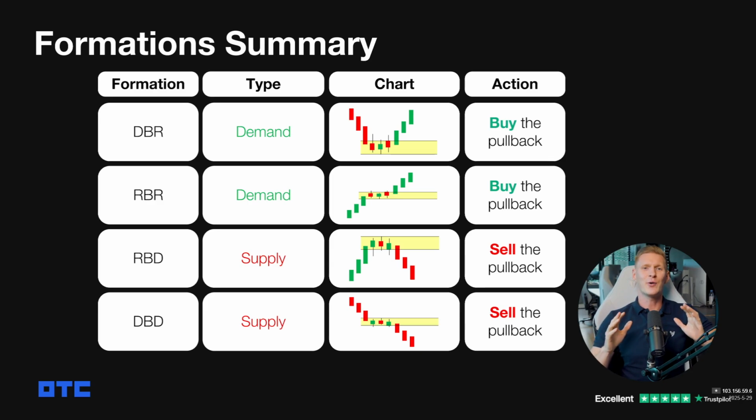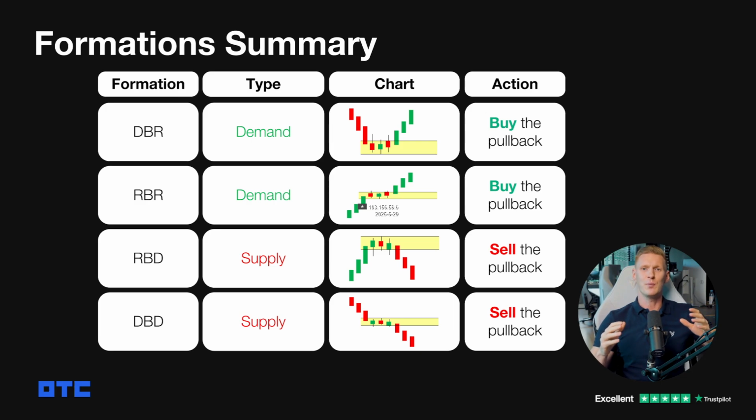To wrap up this lesson, let's quickly review what we have learned. You now understand how supply and demand imbalances move price, how to identify those imbalances, and how to trade them. Here's a handy cheat sheet. Our demand formations are either a drop-based rally or a rally-based rally.